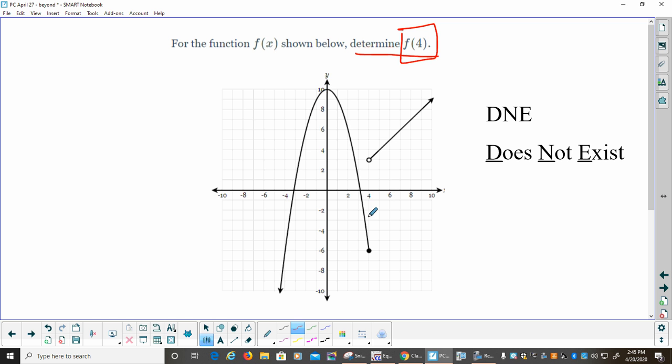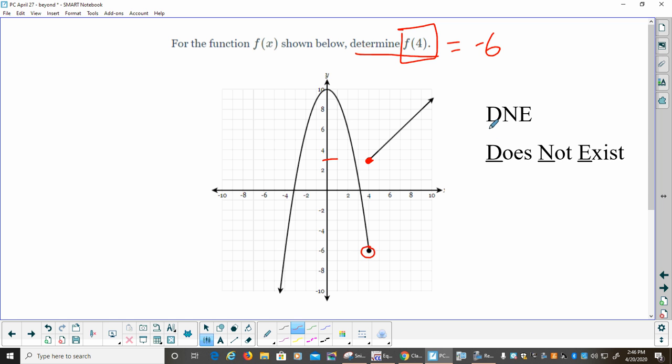So you go to 4 and it's -6 because it's a closed circle. So the answer to this question is -6. If this was open and this was closed, then your answer would just be 3 because it's the y value there. Because the function exists here, it doesn't exist there because it's an open circle. Okay? But as it was written, the value is -6 because that's the y value at 4. So it doesn't involve a limit.